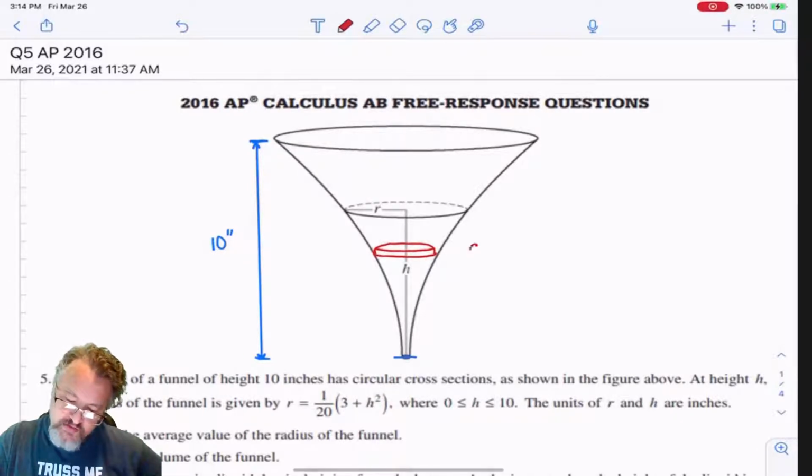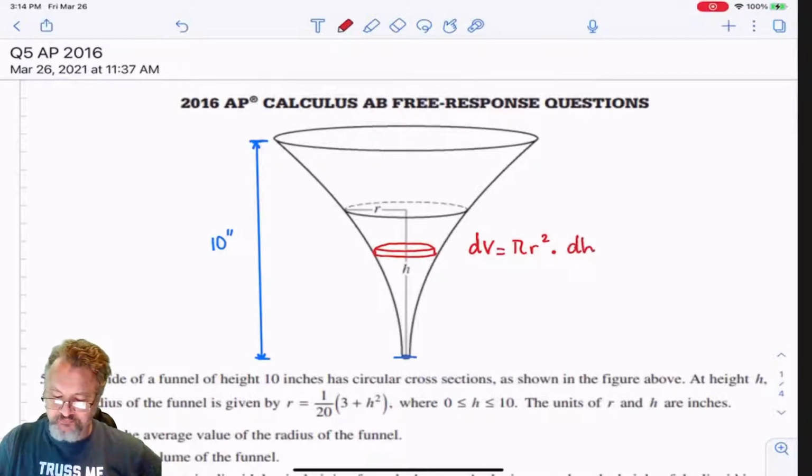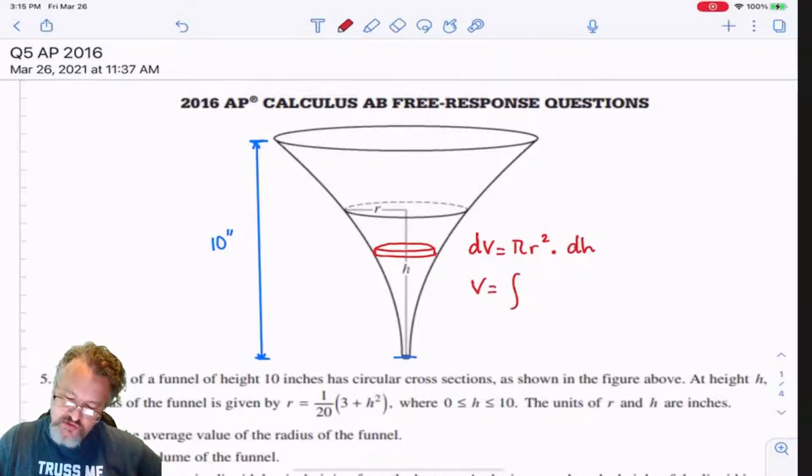So we have a little disk whose volume is dV equals pi r squared times the thickness, which is in this case in the vertical direction, so dH. Okay, and V therefore is going to be the sum of all our dVs as h goes between 0 and 10.